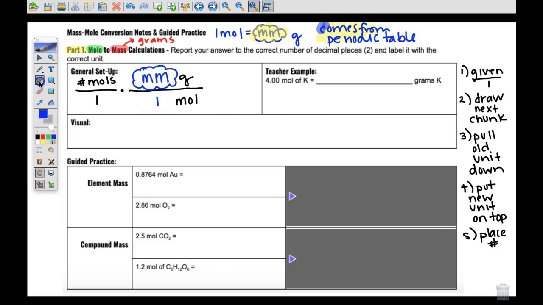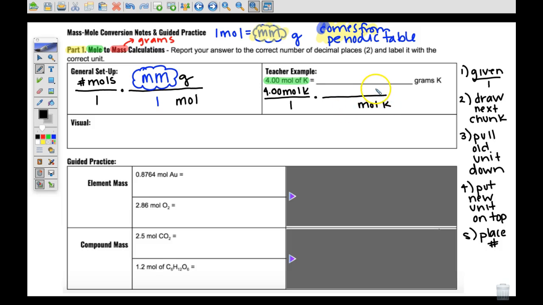So in our teacher example, I see that I'm given 4 moles of K, or potassium. So I'm going to put my given 4.00 moles of K over 1. My second step is to draw the next chunk. My third step is to pull moles of potassium down.